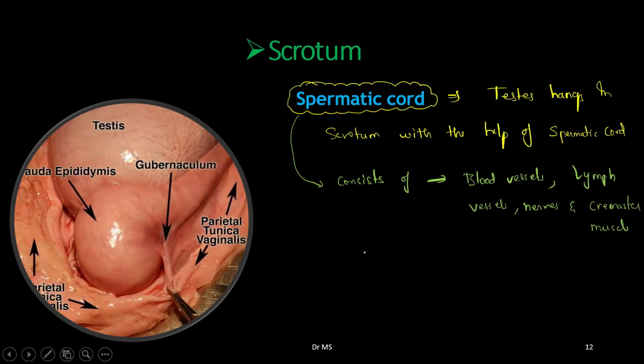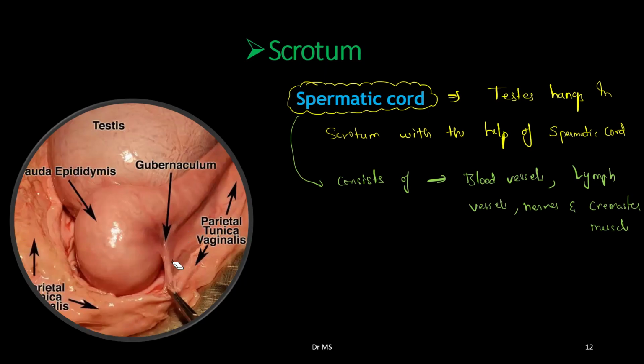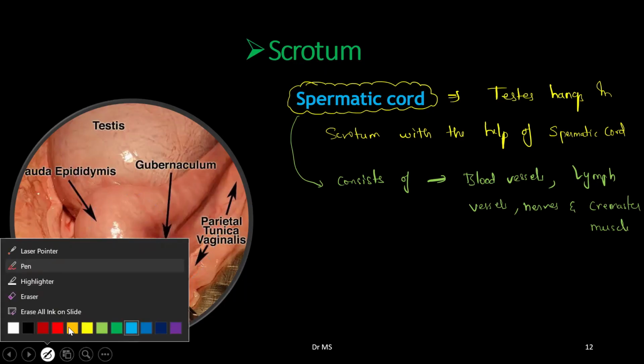Okay. And remember, these testes are connected to the wall of the scrotum by the gubernaculum. You can see here, suppose this is the scrotum wall. To this scrotum wall, the testis is connected with the help of a structure that we call the gubernaculum. This is the internal wall of the scrotum, and this is the testis, attached to this wall by the gubernaculum. Is that clear?